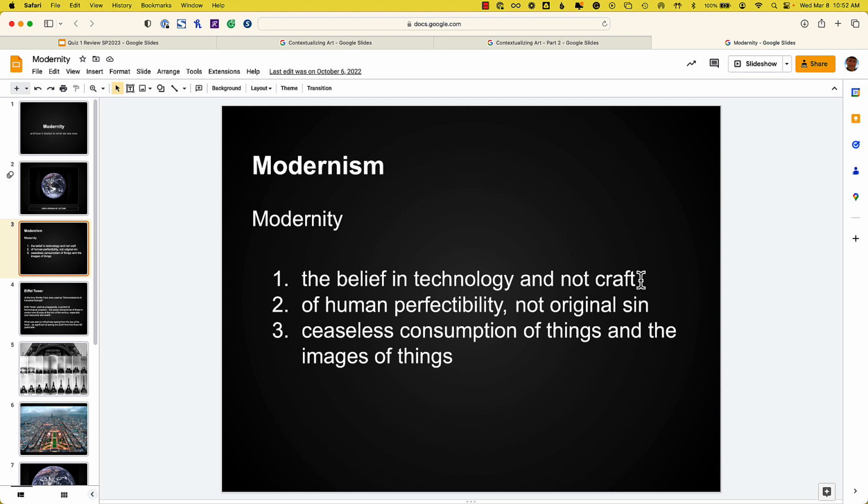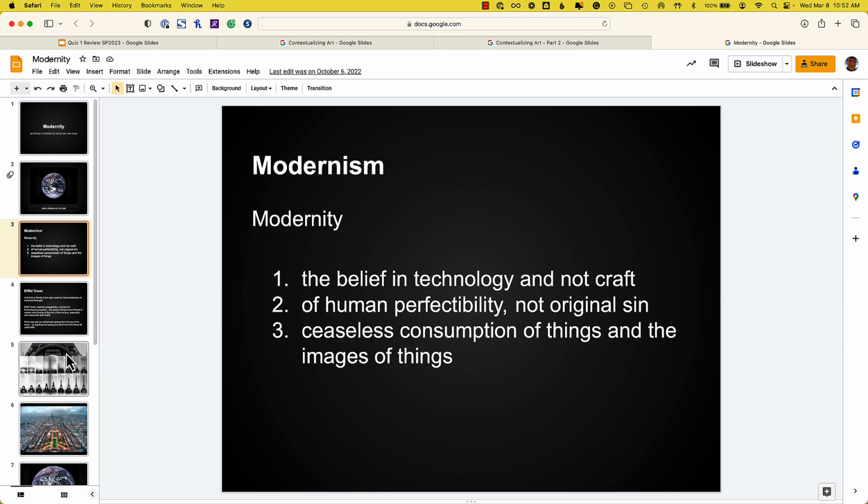Of human perfectibility, not original sin. So this kind of distancing from fate or a belief structure, often rooted in a belief of God, where humans can kind of do it themselves. And then a ceaseless consumption of things and the images of things. Okay, so that mass production idea.